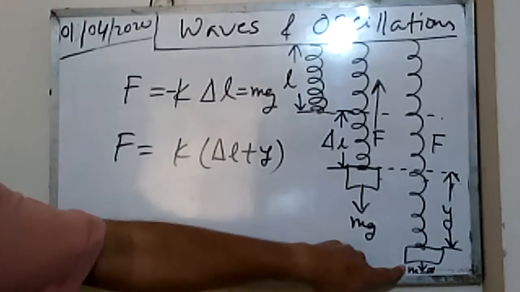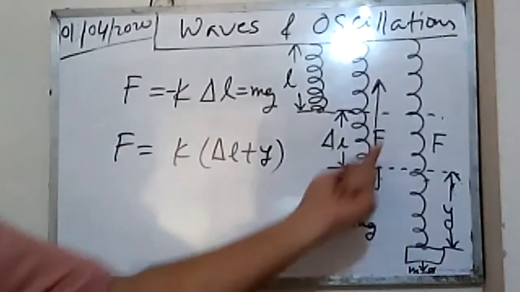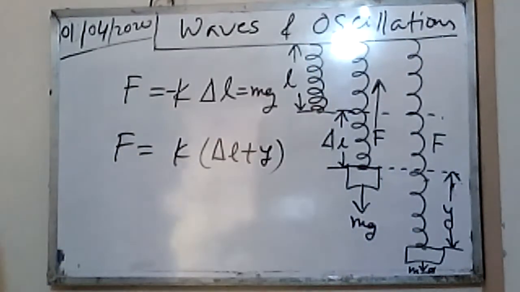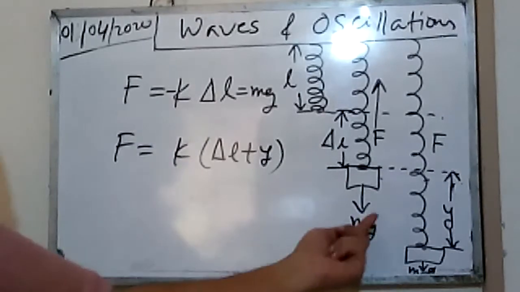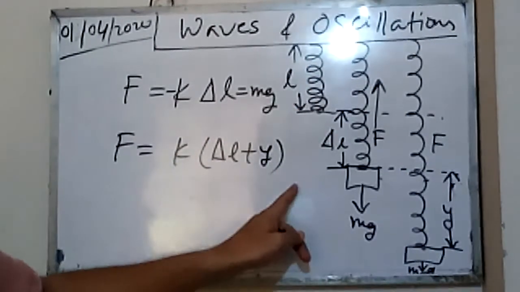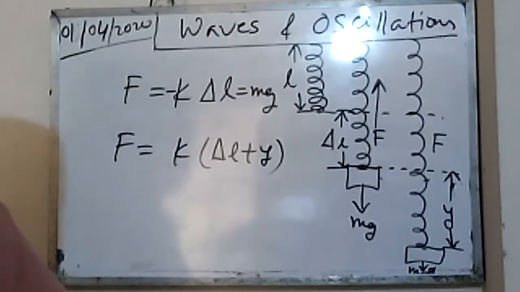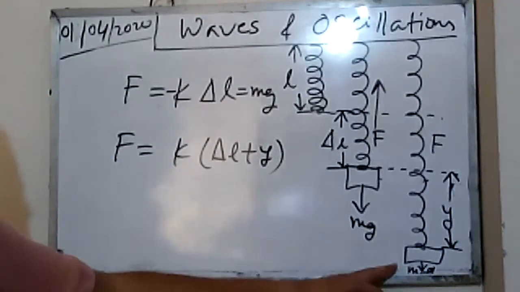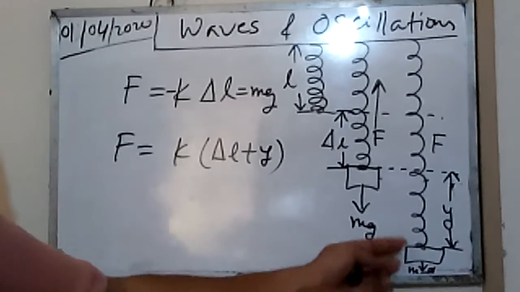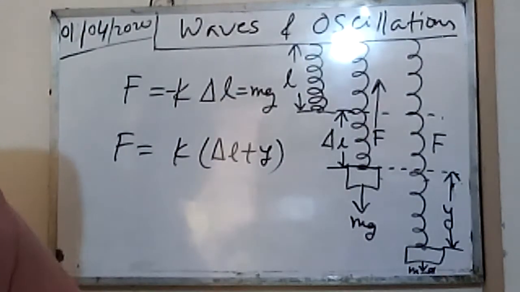Now at this position, the upward force exerted by the spring is F equal to K(del L plus Y), and the downward force is mg.